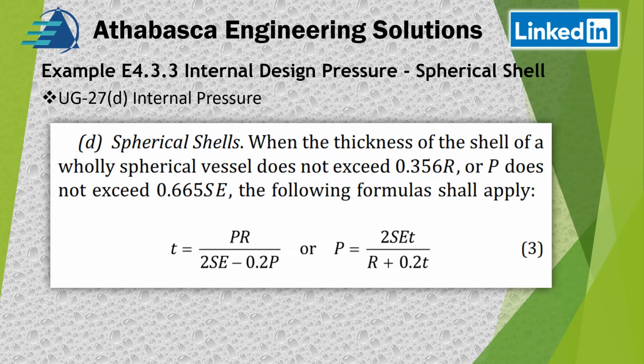From the example, we're going to look at UG-27(d), and we're going to look at the paragraph. This is from the 2019 edition, I believe, and it says, when the thickness of the shell of a wholly spherical vessel, which means it's just a vessel with no transitions in it, does not exceed 0.356 R, or P does not exceed 0.665 times S times E, then these equations apply.